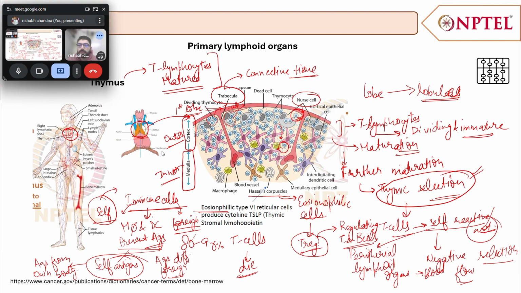Okay, is the explanation fine? Any more doubts?